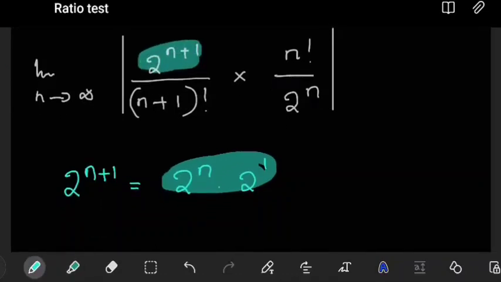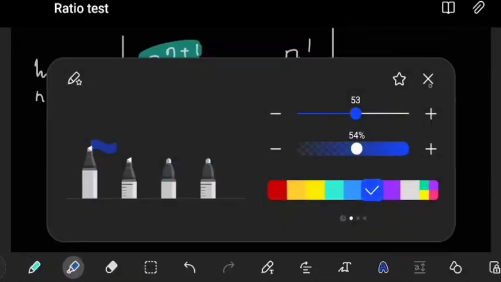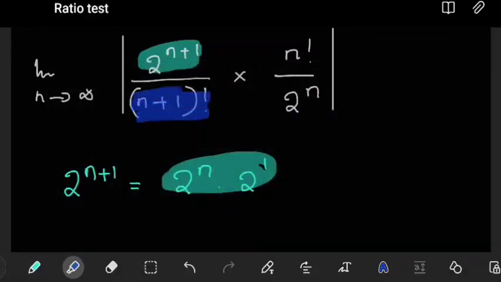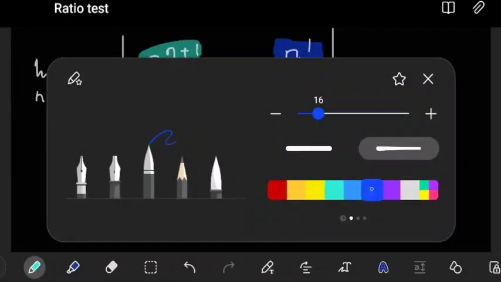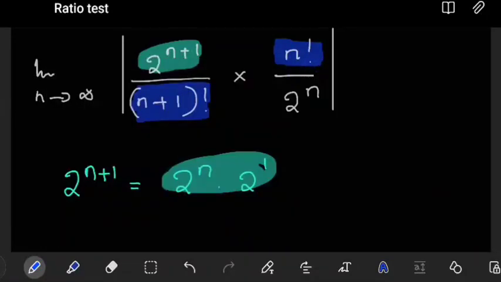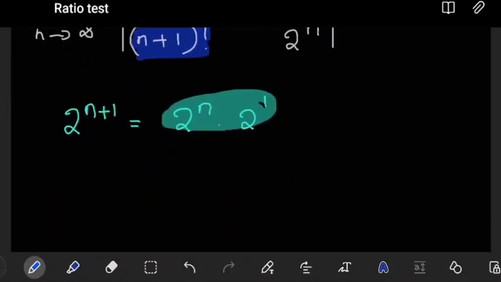The next thing we have to deal with is the factorial. I want to compare n plus 1 factorial to n factorial. The bigger one, of course, is n plus 1 factorial, so I want to reduce it until it matches. Remember that n plus 1 factorial is equal to n plus 1 multiplying n factorial.